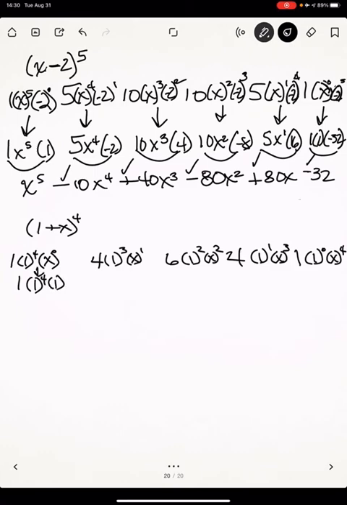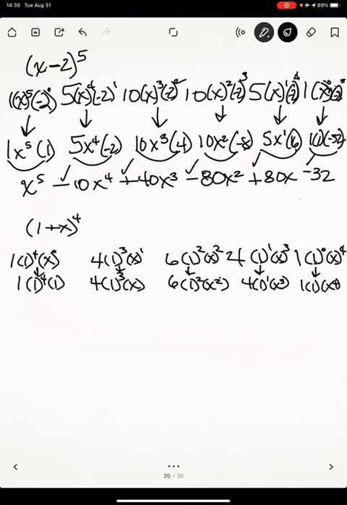Then next we're going to have 4 times 1 to the 3rd times x. Then we're going to have 6 times 1 to the 2nd times x to the 2nd. And then here, 4, 1 to the 1 times x to the 3rd. And then lastly, 1 times 1 times x to the 4th.